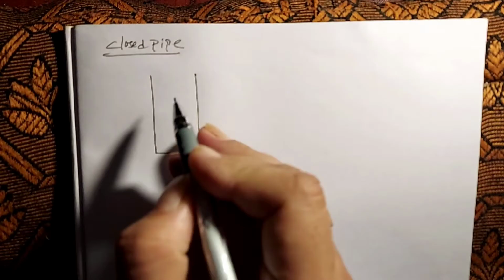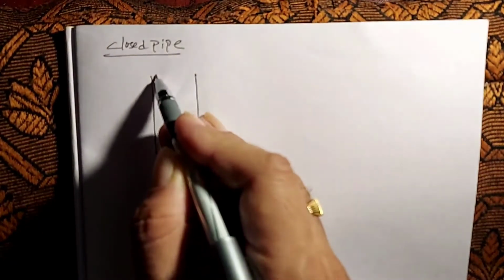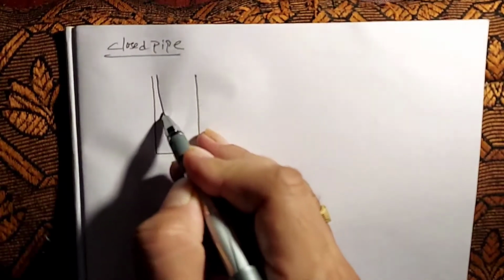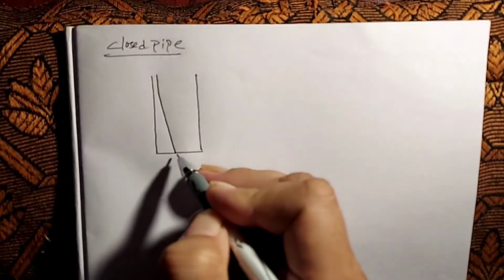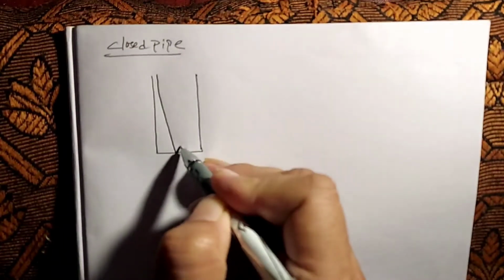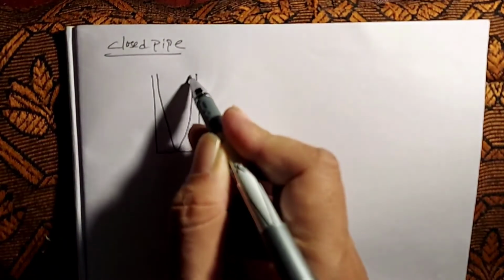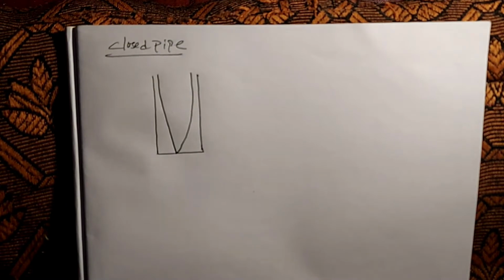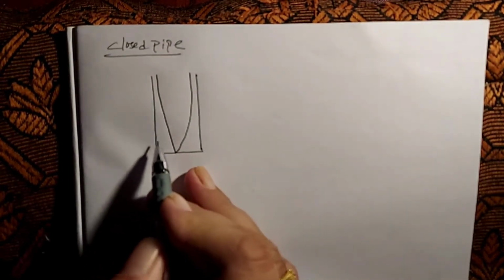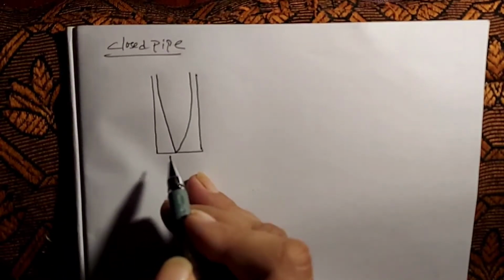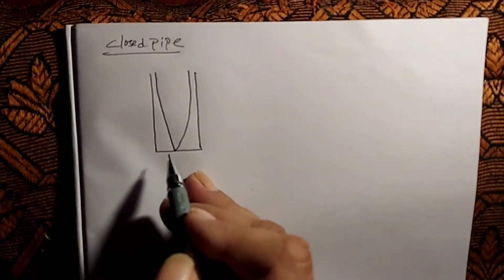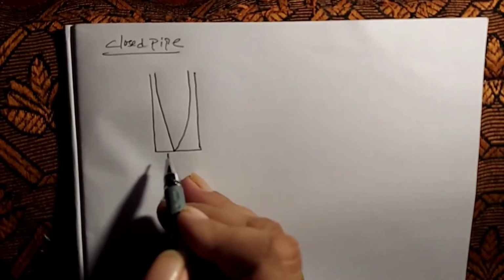Whenever a sound wave is sent from the open end, it travels in the forward direction, reaches the end of the pipe and is reflected. This wave is called the incident wave and this is the reflected wave. Both are superimposed on each other and a stationary wave is formed in the pipe.